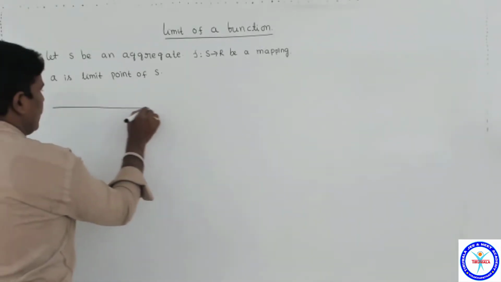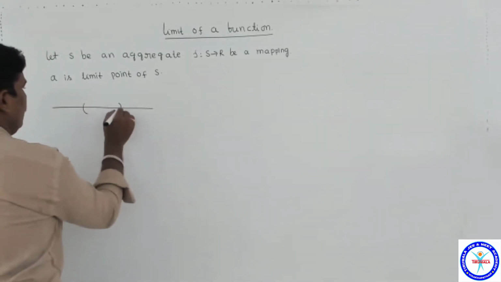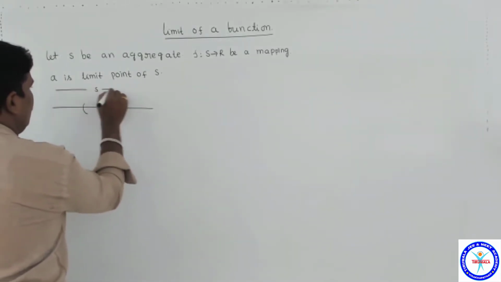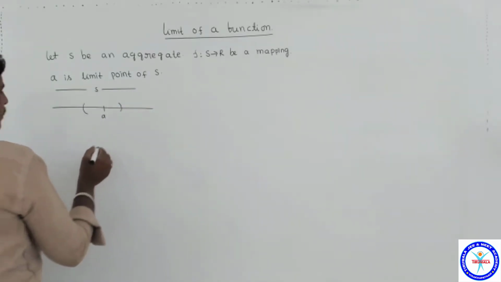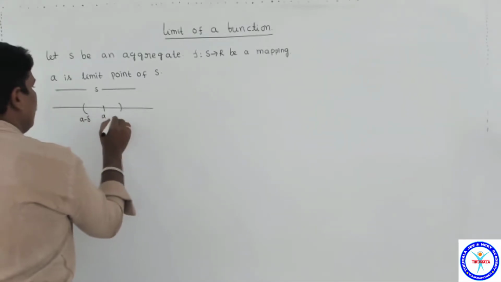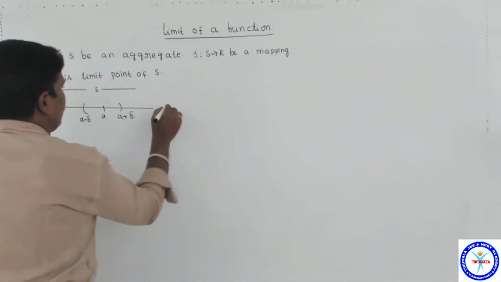See from this diagram, this is A and this is the domain. This is A minus delta and this is A plus delta.